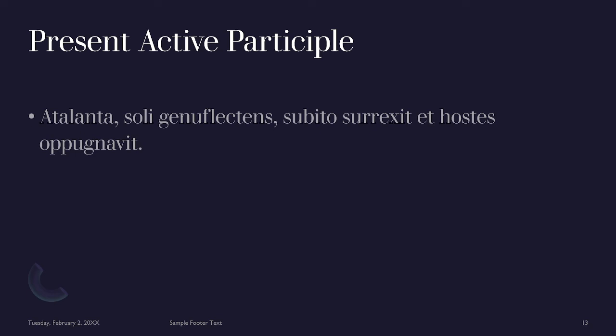The participle is the action, and then everything that goes with the participle is in between the noun and the participle. Just like having, as you can see here, Atalanta subito surrexit et hostes oppugnavit. The predicate of the verb goes in between the verb and the subject.